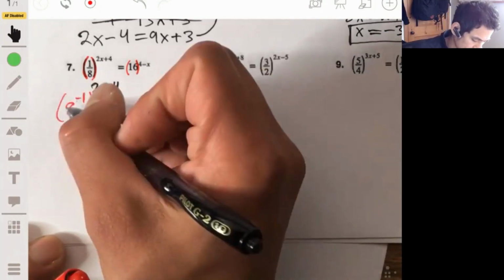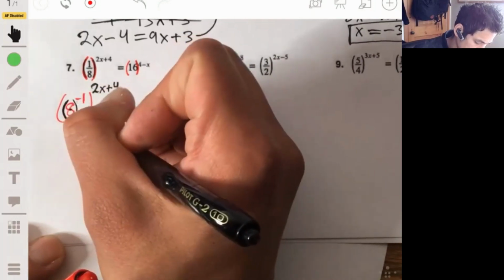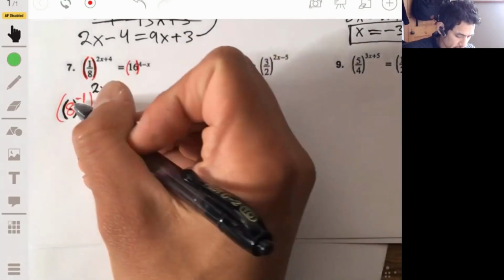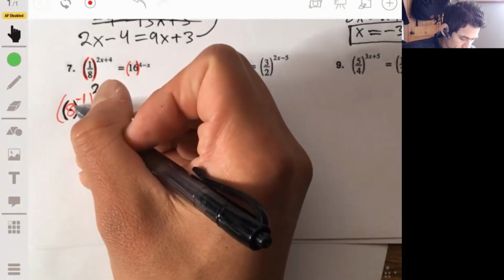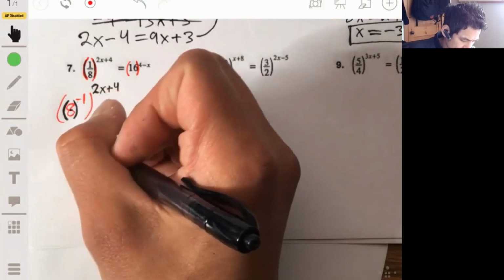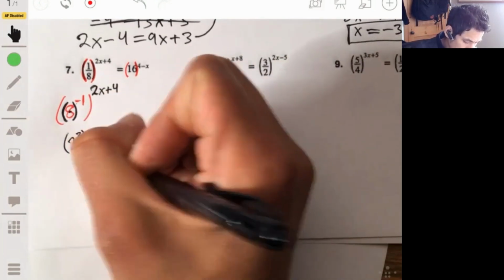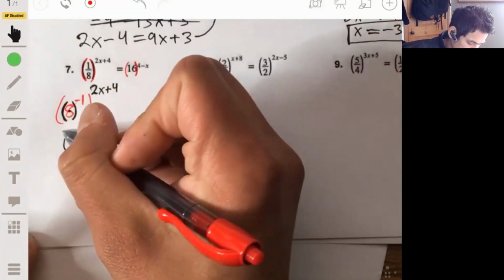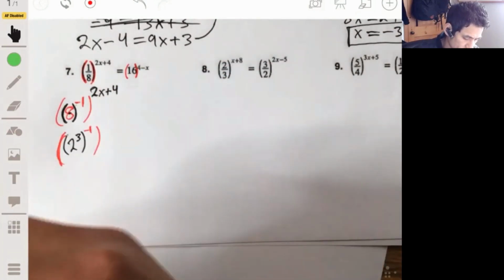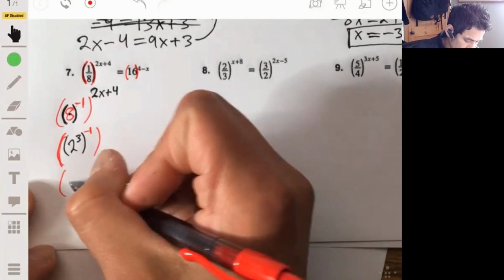This may sometimes seem like I'm doing extra work, but let me just do it in case you need to see what I'm talking about. See, we have an 8 in here, and that 8 is the same as 2 to the 3. So you have 2 to the 3 to the negative 1, which is just 2 to the negative 3.